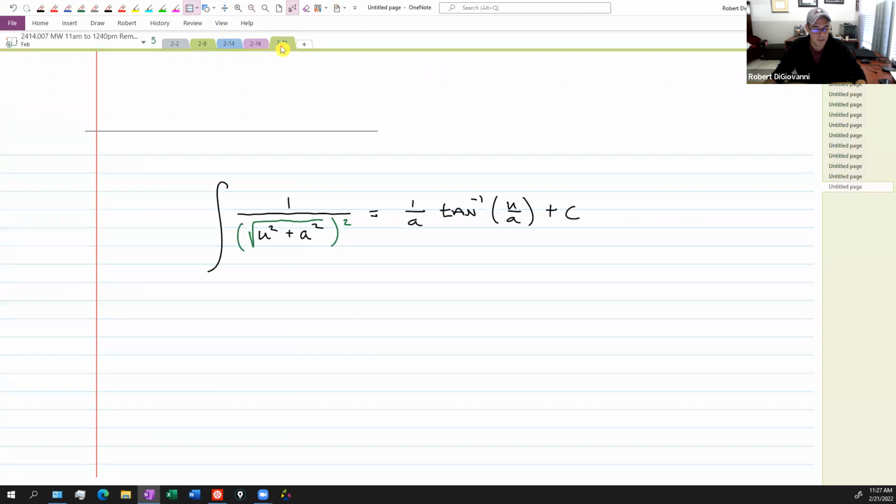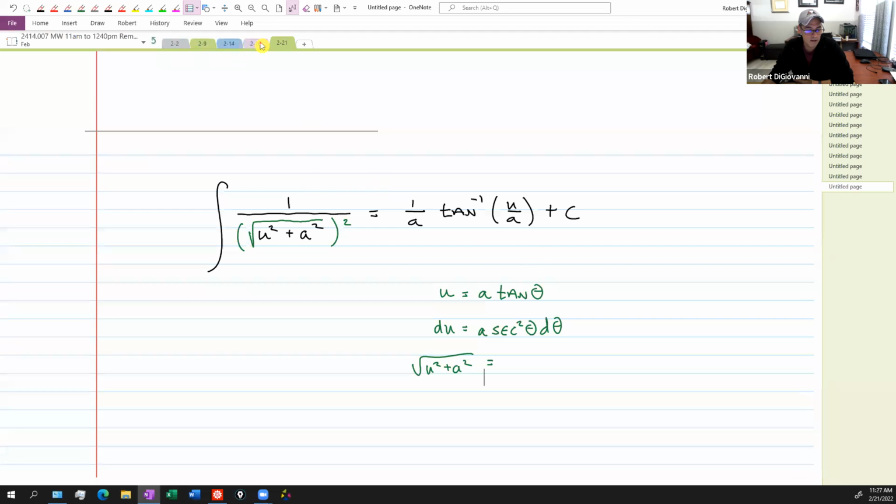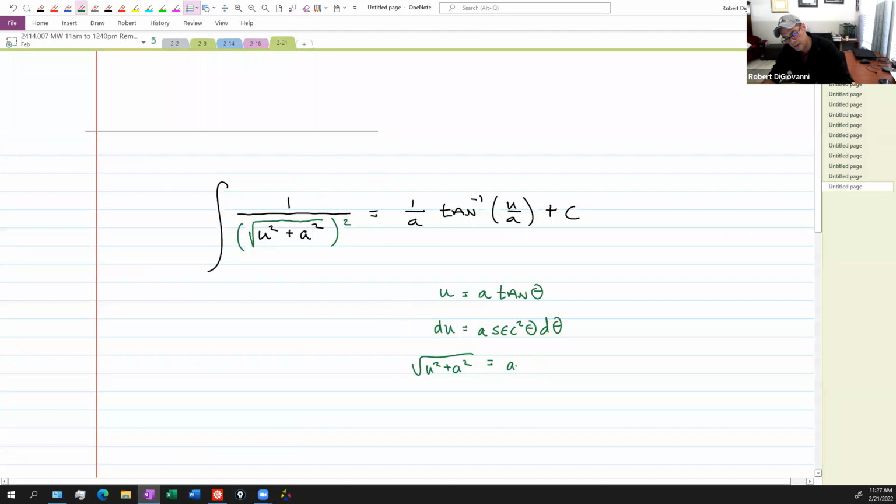So you would basically say, oh, u is a tan theta. And then du, I'm going to finish it, is a secant squared theta d theta. And the square root of u squared plus a squared, now this is again where you've either memorized it or you can do it algebraically, turns out to be a secant theta.